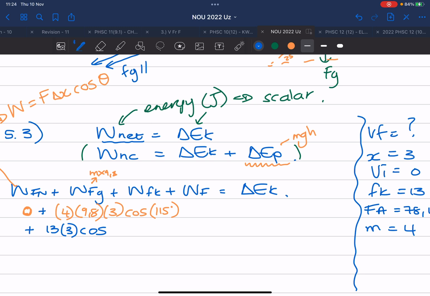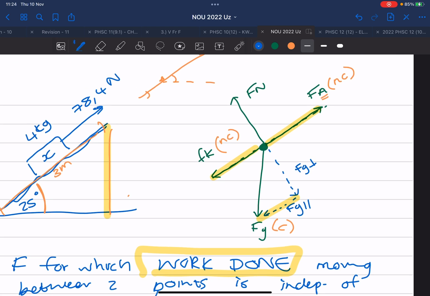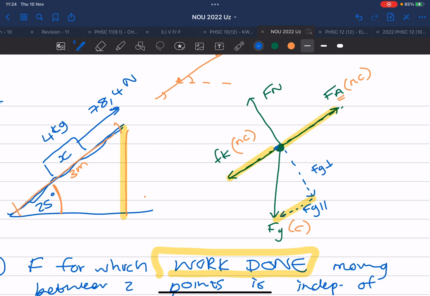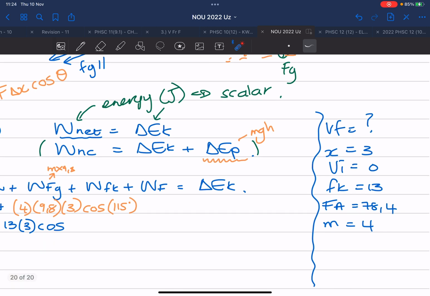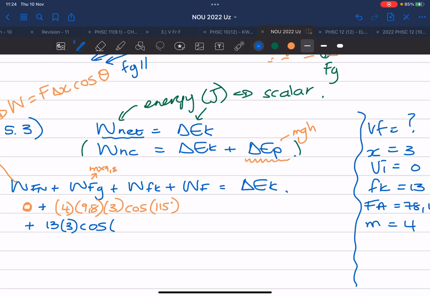Okay, Juffrou, as dit loodreg was, as op 'n plat oppervlak dan sou F ook wees. Ja. Okay, let's check. Hierso is, sorry, this is my Fk and the object is moving in that direction. What is the angle between them? 180 grade. Fk is normally 180 degrees. Okay, so I have done that.